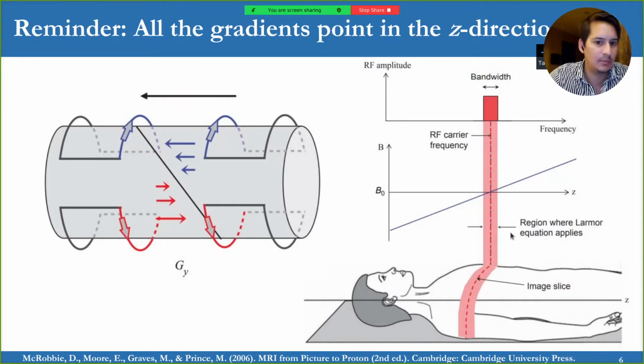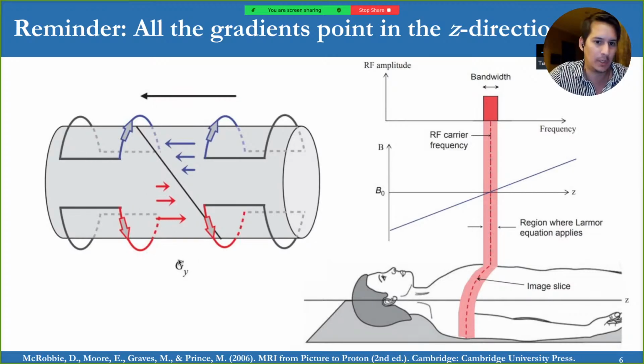And let's remember that the gradients, when you do the encoding, point in the z direction. Gx, the gradient that encodes in the x direction, varies its magnetic field in the z direction. So it adds a component in the z direction, but it varies as you go in the x direction.